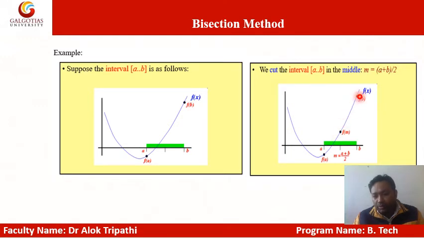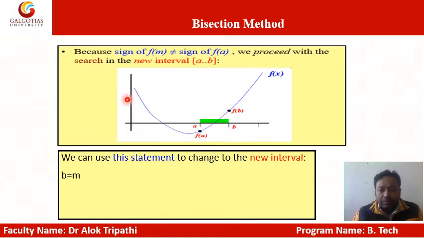Since both values are positive, we cannot guarantee that the root of the equation f of x equals 0 is lying inside the interval m to b. But for the second interval, a to m, f of a is negative and f of m is positive, which means our interval will be a to m.